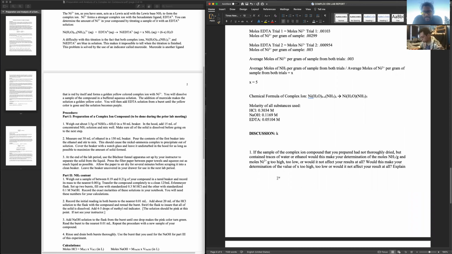See here, I'll write it in the chat. It would make our measurement of, or rather, our determination of moles of NH3 per gram of sample too low.